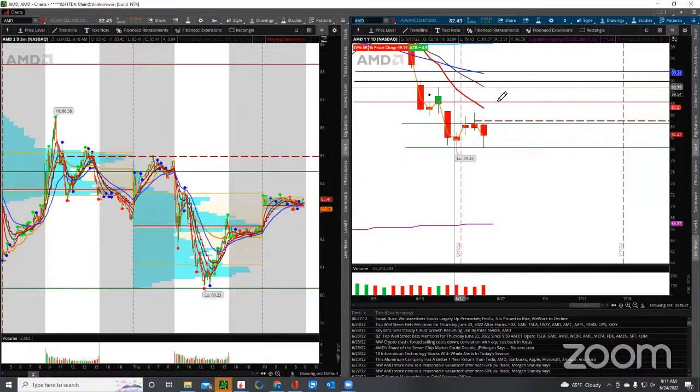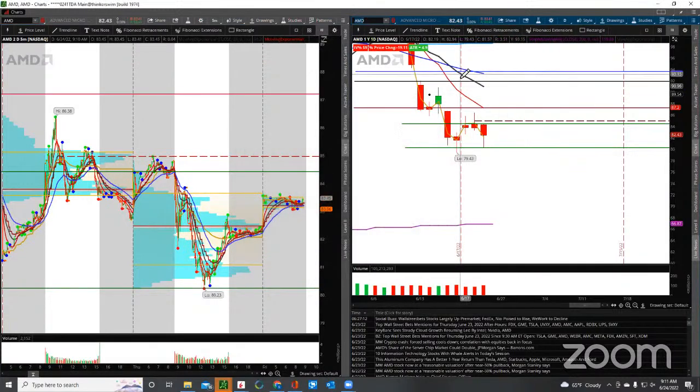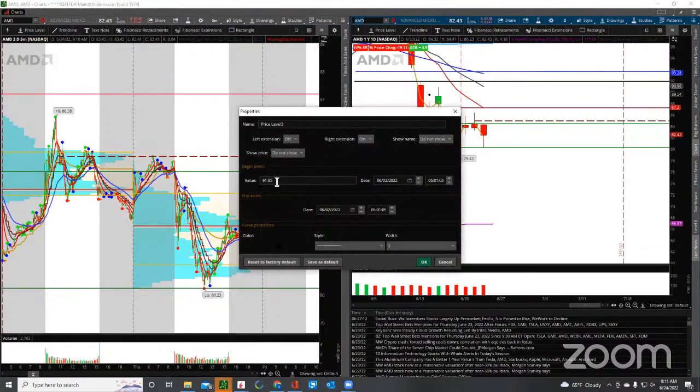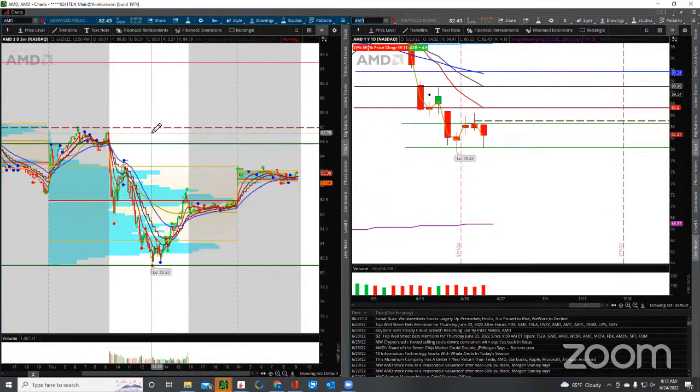This is the 87.20. 90.96. All right, so we have those adjusted. Point of control, let's go into the point of control here. Move that down so we have a reference line.